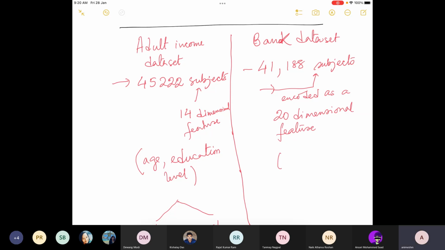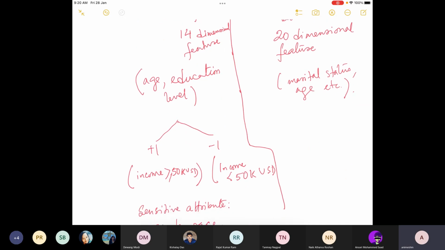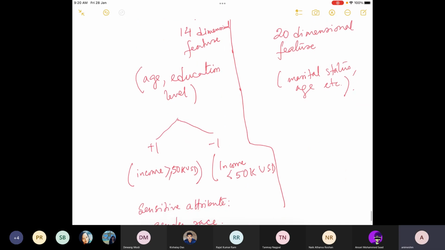Again, these features are like marital status, age, etc. There are 20 such features. Okay, and again, there are two classes. It's a binary classification problem.